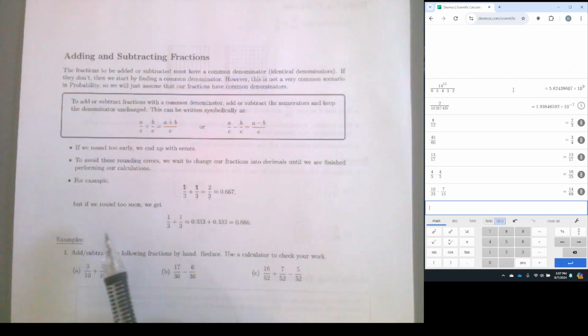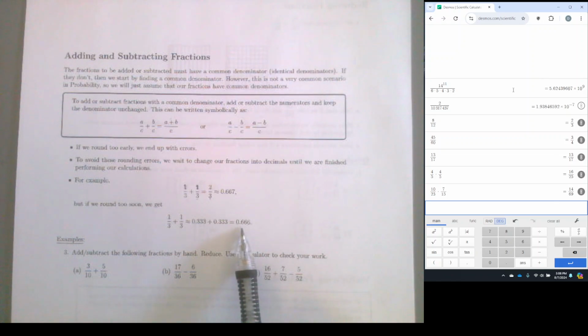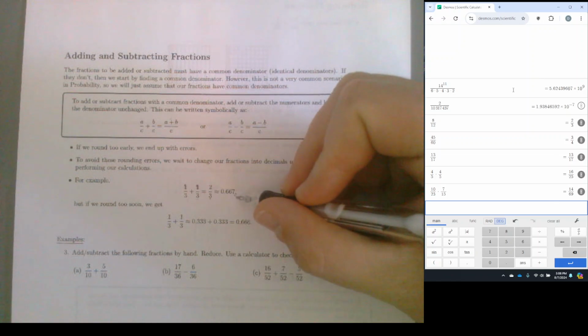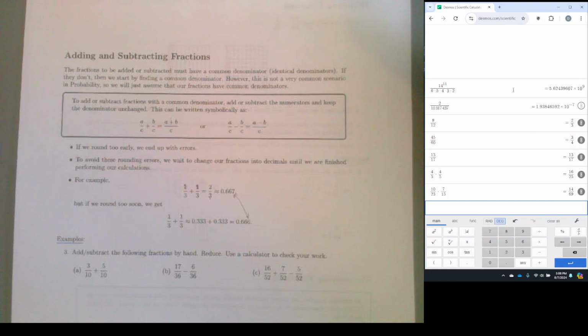But if I round too soon, if I round 1/3 to a decimal, I'll get 0.333. And so 1/3 plus 1/3 would be approximately 0.333 plus 0.333. And when I add those up, I get 0.666. And you'll notice that I've already introduced some rounding errors into my answer, which is bad news.